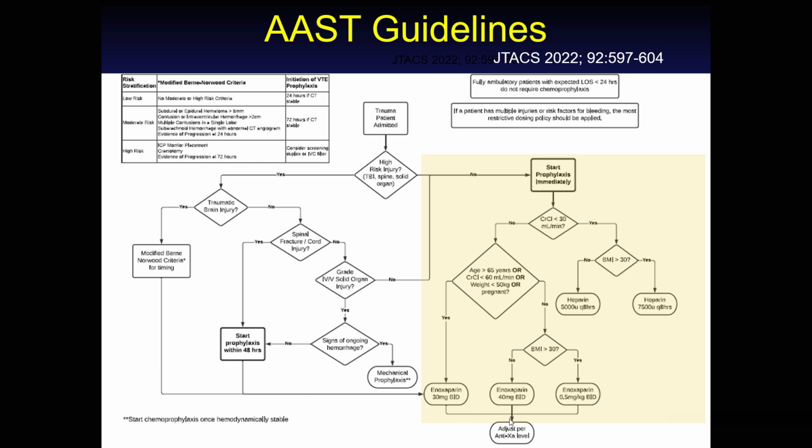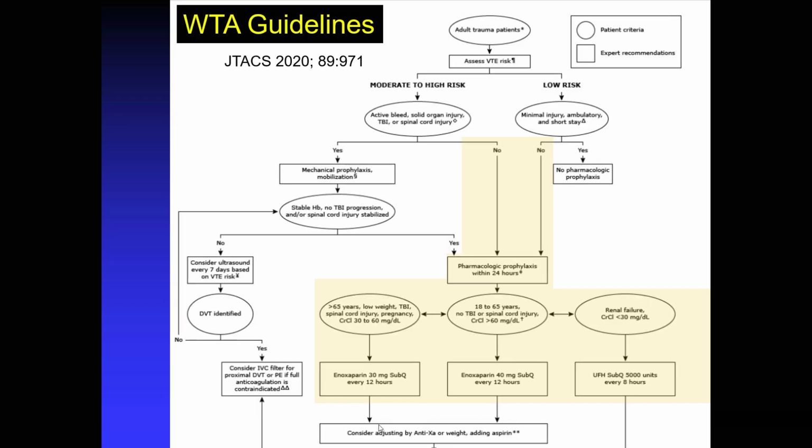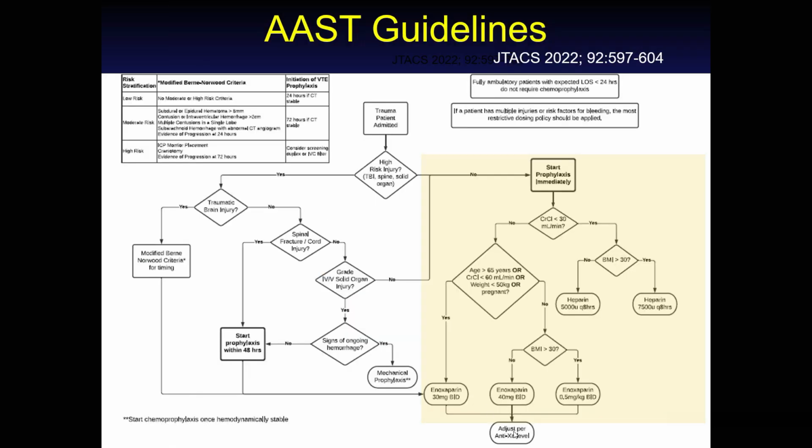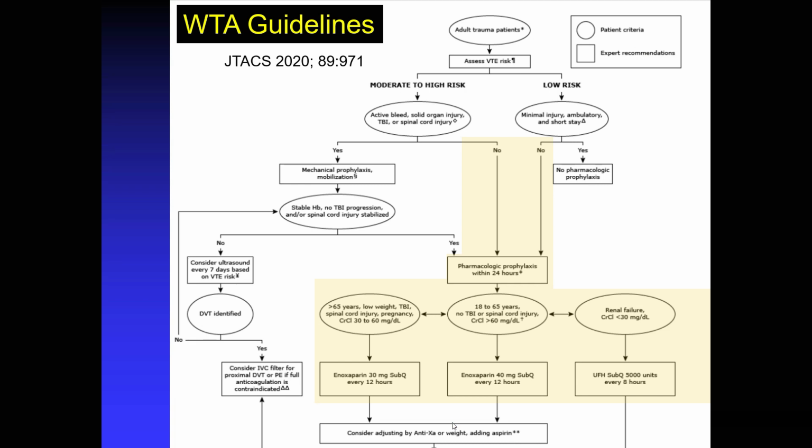And both the AAST recommendations as well as the Western Trauma Association mention considering, well, in AAST they just say do it, but Western Trauma says consider adjusting by anti-10A level testing. And this sounds good conceptually, but again, the data on it, as we've touched upon a little bit, is mixed. It's also a little bit awkward and difficult to do. And in the absence of clear benefit, I think most of us have shied away from doing this.